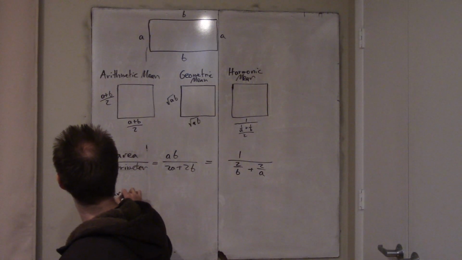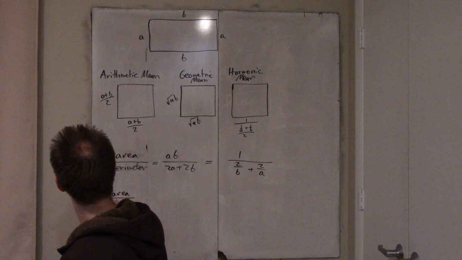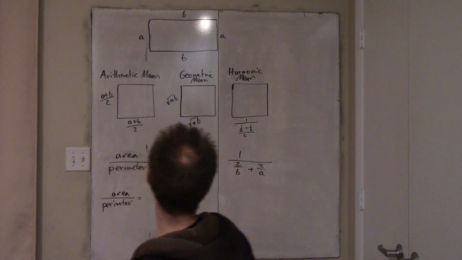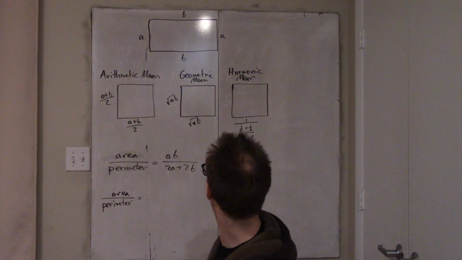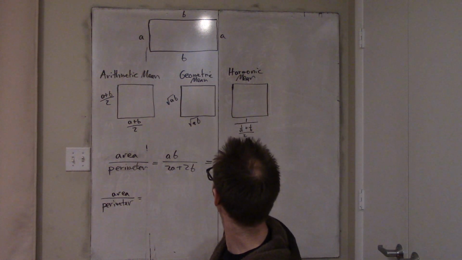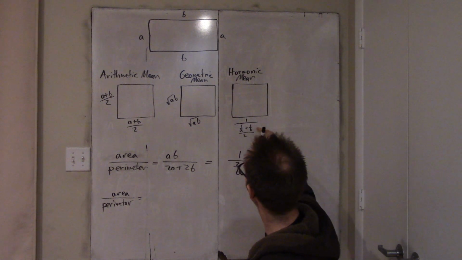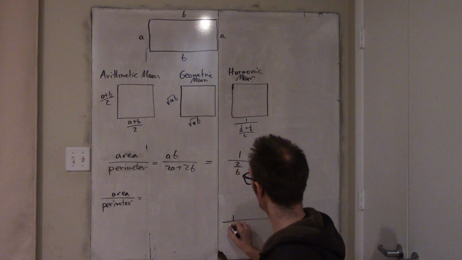Therefore, what is the area to perimeter ratio in this square? Perhaps it's useful at this time to simplify this a little bit. What is 1 over A plus 1 over B over 2?